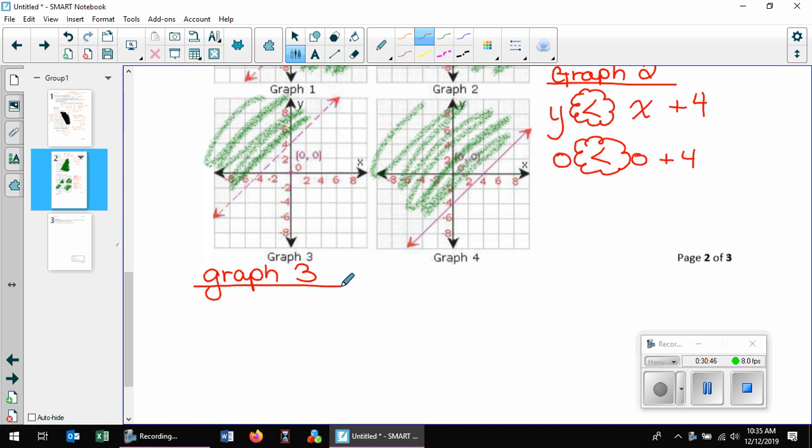Graph 3. So y, fluffy cloud. Slope still 1. Still a positive 1. This is nice. x plus 4. And now we're shaded above the line. So we're going to pick a test point, let's say -4 and +4.